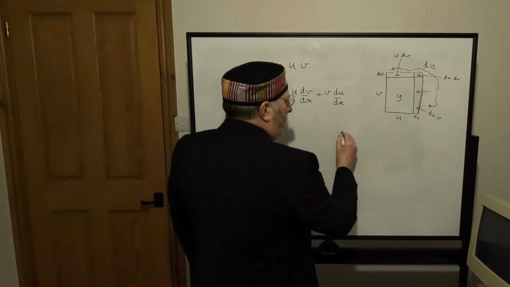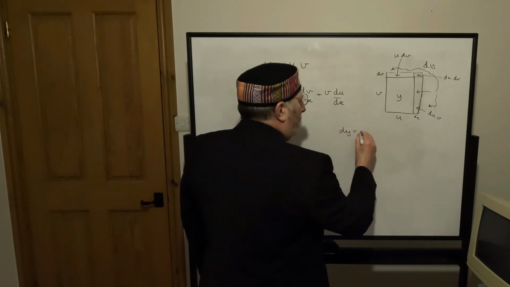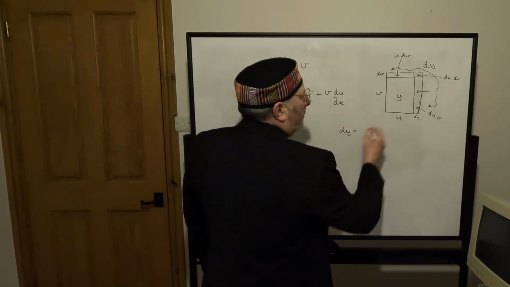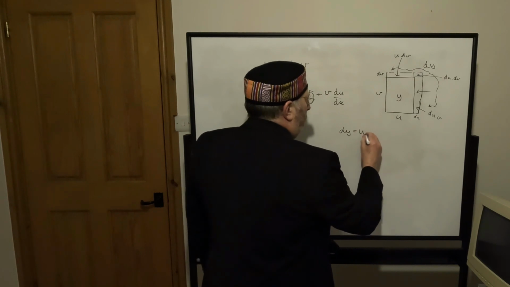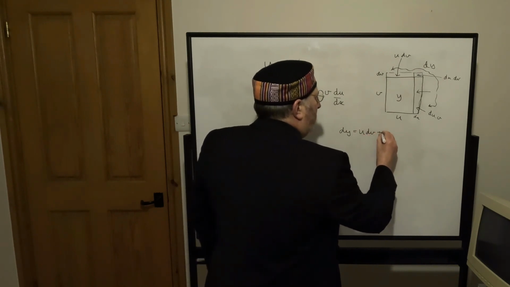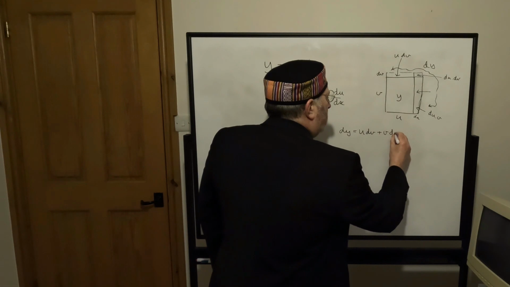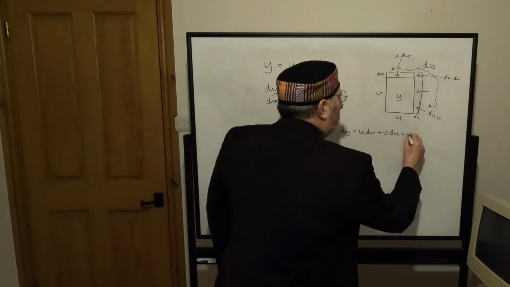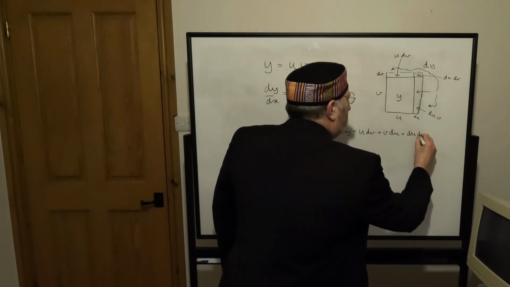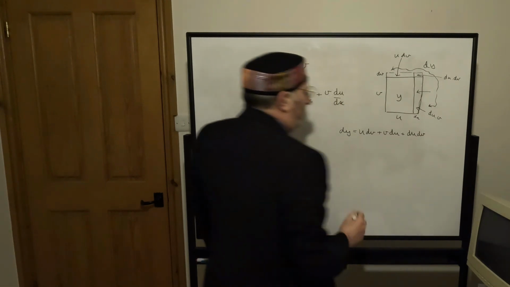So we have from here that dy equals, let's say, u dv plus v du plus du times dv.